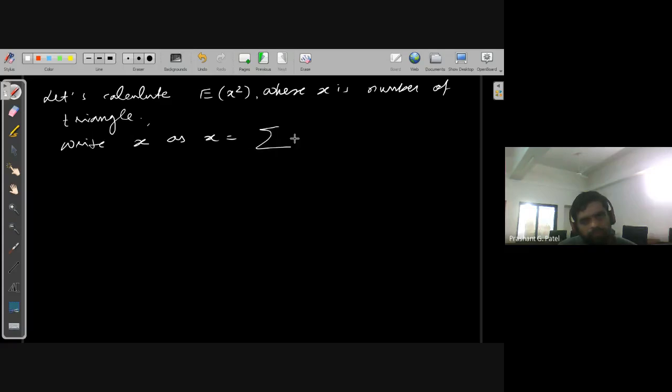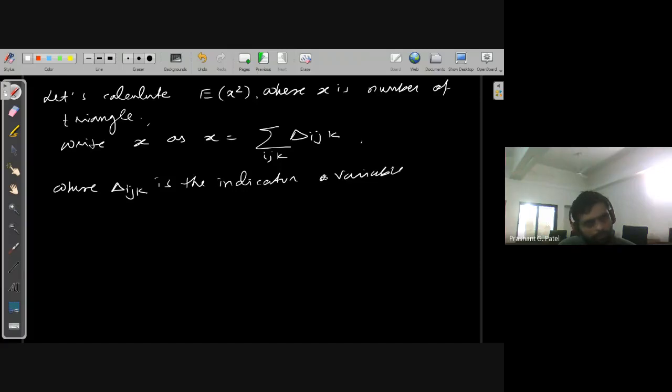X is the summation of delta ijk, where this delta ijk is an indicator variable of the triangle with vertices i, j and k being present.